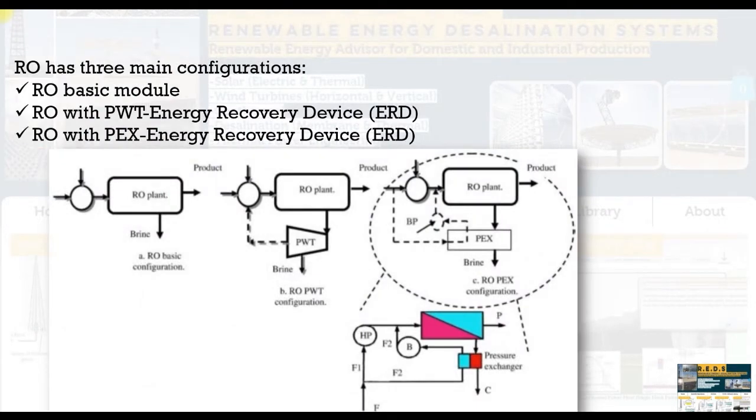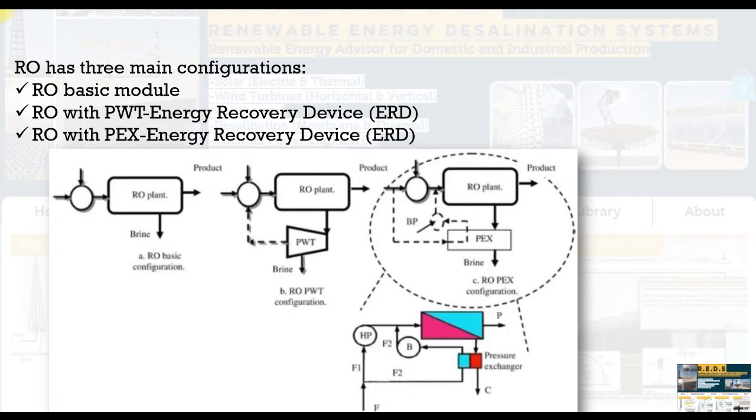For reverse osmosis, we can utilize three main configurations. We have the basic module, Pelton wheel turbine as an energy recovery device, and pressure exchanger as an energy recovery device. Of course, the pressure exchanger is the most efficient one among all of these configurations.